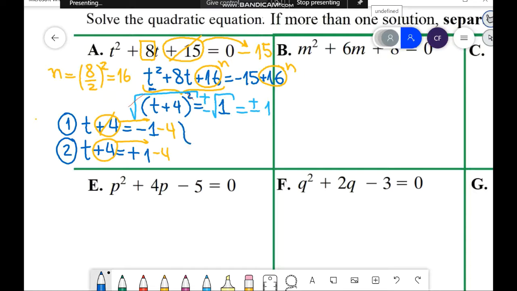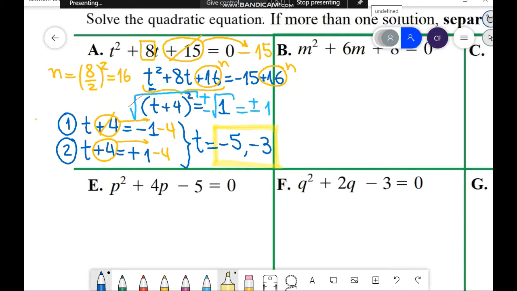And then finally you have the answers, the 2 solutions we're looking for. Negative 1 minus 4, negative 5. Positive 1 minus 4, negative 3. All right, this is the answer for letter A.